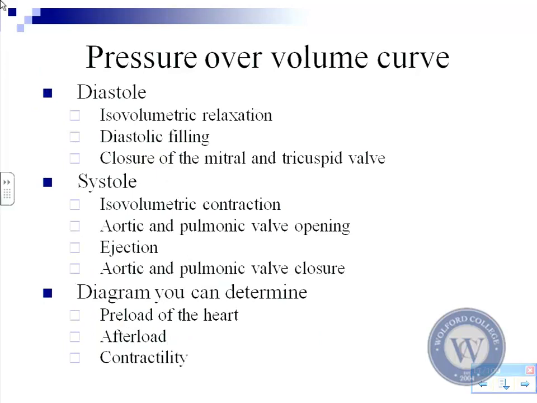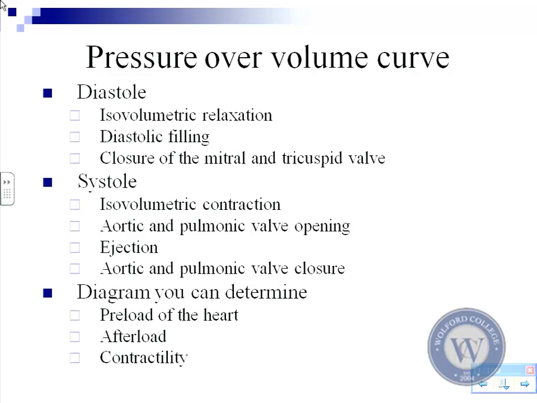If you look at pressure over volume curves, okay, diastole is isovolumetric relaxation, diastolic filling, and occurs with closure of the mitral and tricuspid valves. Systole occurs with isovolumetric contractions when the mitral and tricuspid valves are closed, and then the aortic valve opens, ejection, and the aortic and pulmonic valve closure is the end of systole and the beginning of diastole.